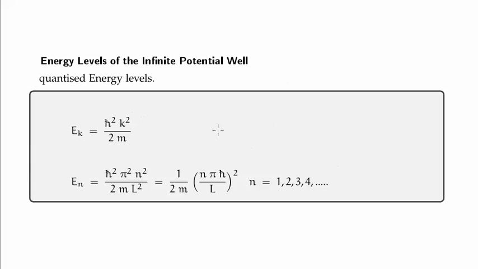We note, of course, that it depends on the principal quantum number n, which is an integer. And this basically means that all of the energy levels are distinct, which is completely different to classical mechanics, where we can have a continuum of energy levels. In quantum mechanics, the energy levels are quantized.